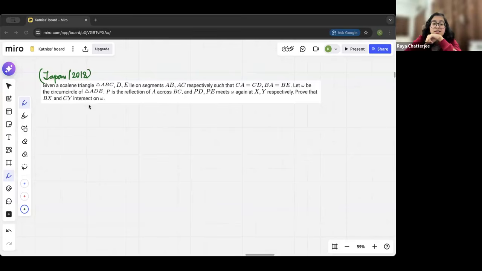Any thoughts? Anybody? Okay, never mind. I'll paste the diagram once.